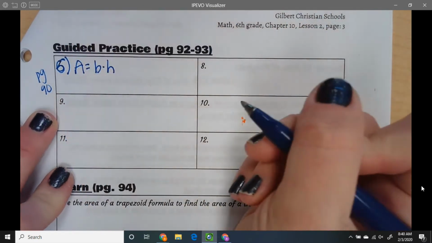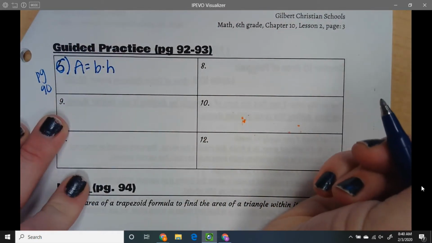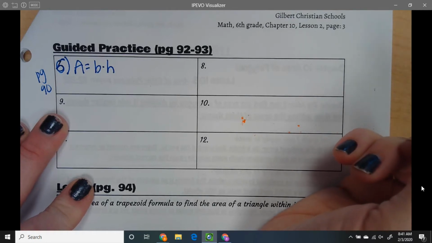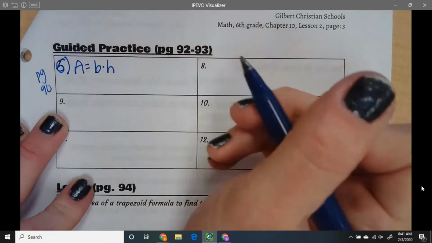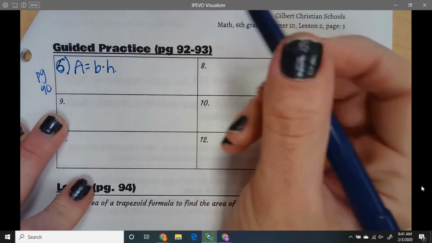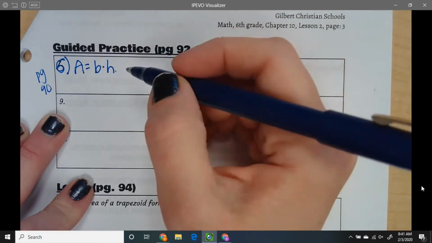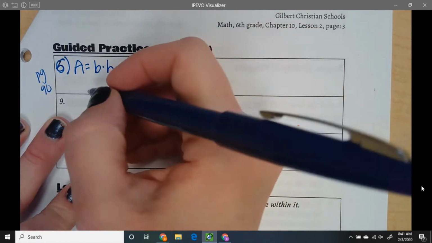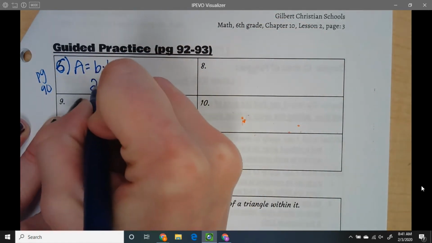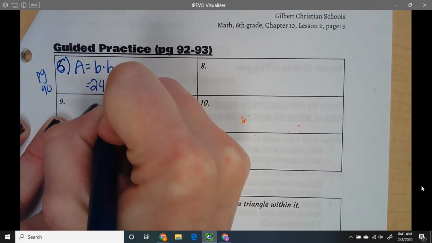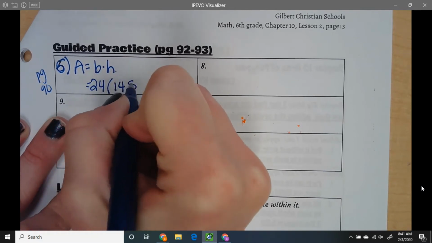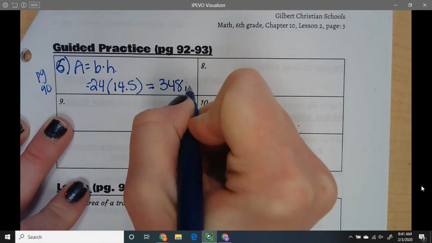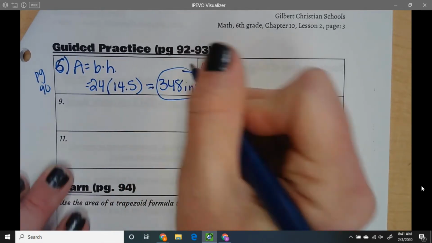I'll pause the video and see if you remember how to do that, just as a quick review. So remember, the base has to be an actual side of the figure, and the height has to come off of the base at a right angle, so it can't be the 15 on this one, it has to be the 14.5. So you should have taken 24 times 14.5, and you would have gotten 348 square inches for that.